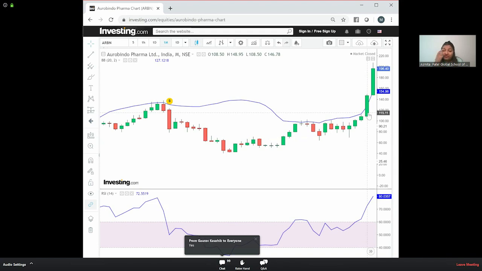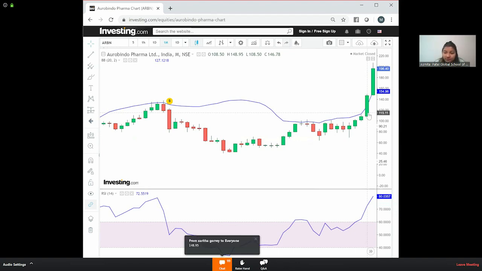Can you tell me some more companies? How will you identify this move? Maruti, Tata Motors. Okay, I'll click on all of that. Hold on. Sun Pharma. Let us check this. Here the prices are going outside the band.